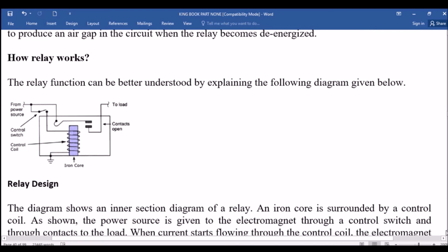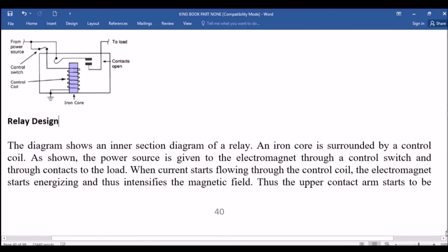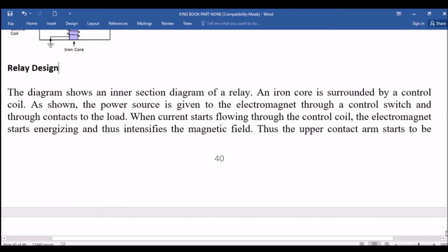Let's read this. The diagram shows an inner section diagram of a relay. A nylon core is surrounded by a control coil as shown. You see, the power source is given to the electromagnet through a control switch and through contacts to the load.